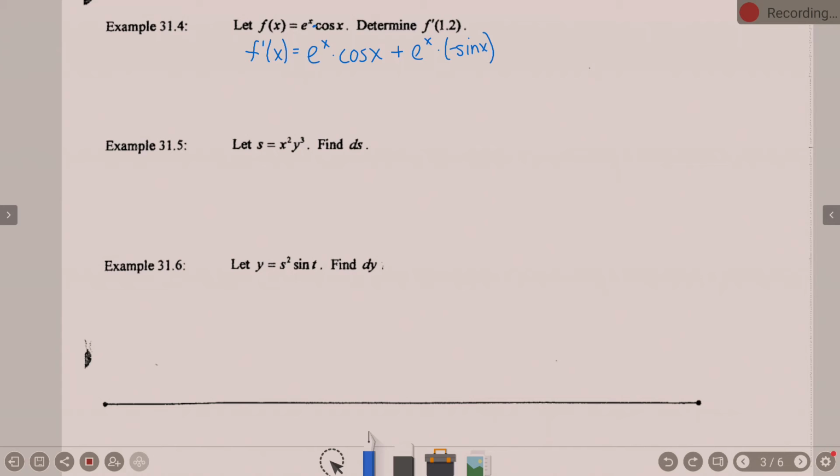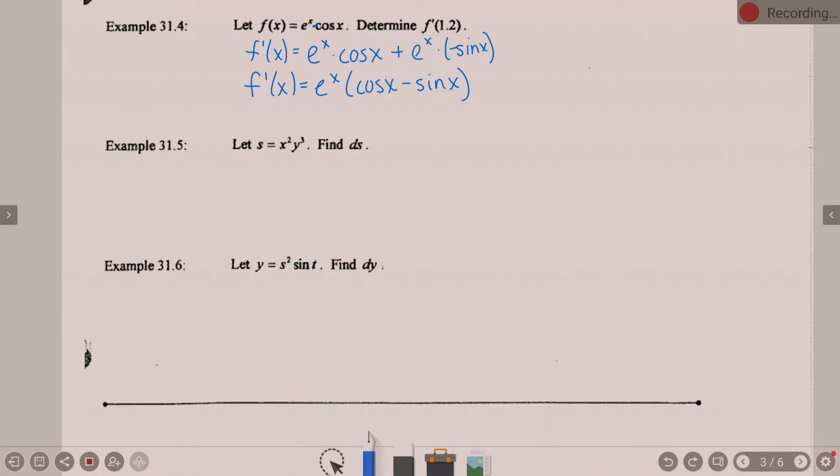If we were just writing the derivative as is, not having a number to plug in at the end, what would be a nice cleaned up version of this? Factoring e to the x out. And so a cleaned up version would be e to the x times cosine x minus sine x.